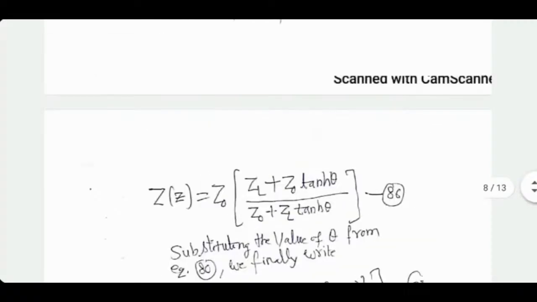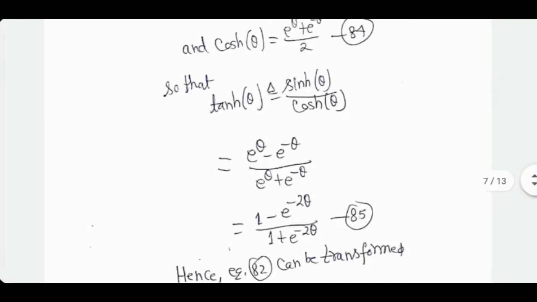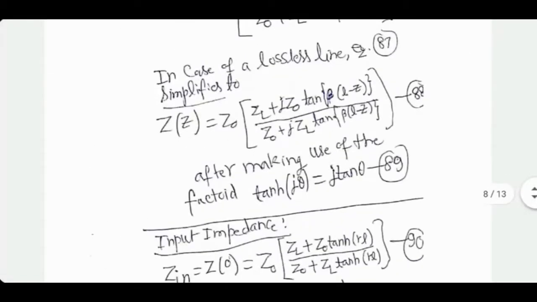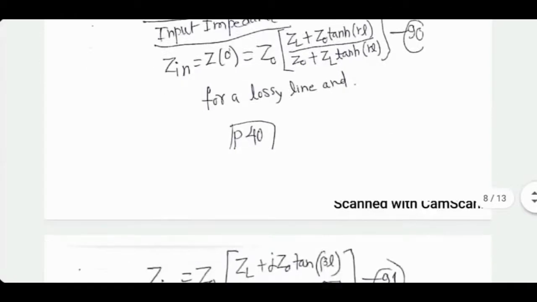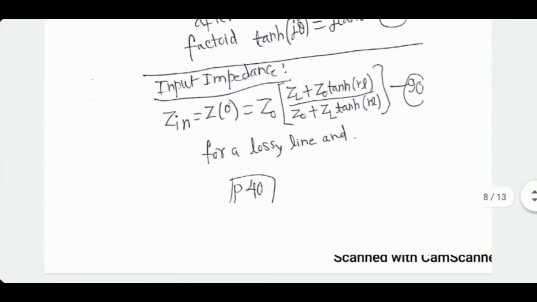If you are not sure, look at equation 85. If I allow theta to go to infinity, tanh becomes 1. So for an infinitely long line, ZL plus Z0 in the numerator and ZL plus Z0 in the denominator cancel each other. Input impedance is simply Z0.